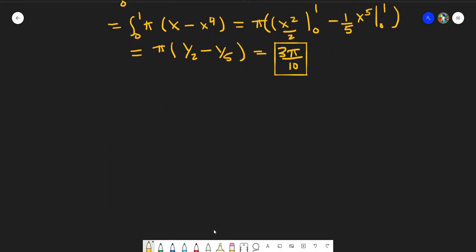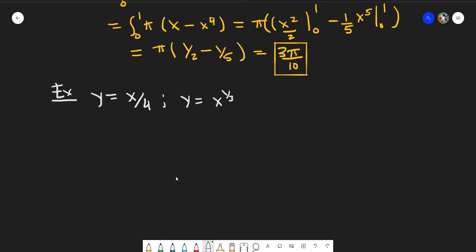Now, let's look at another example. What if we wanted to use y equals x over 4, and y equals x to the 1/3?